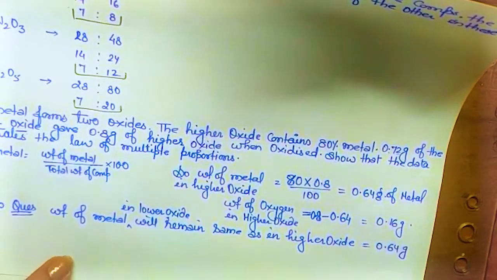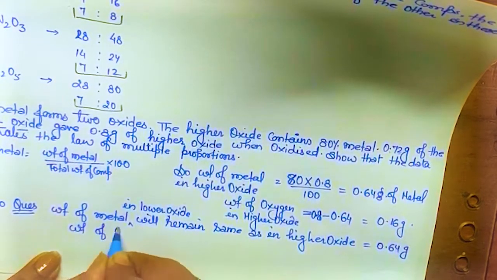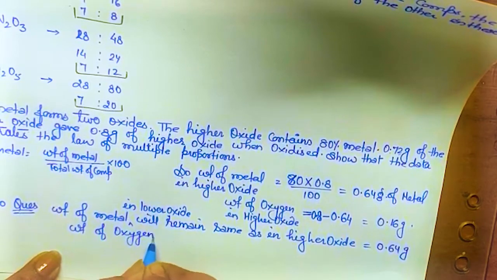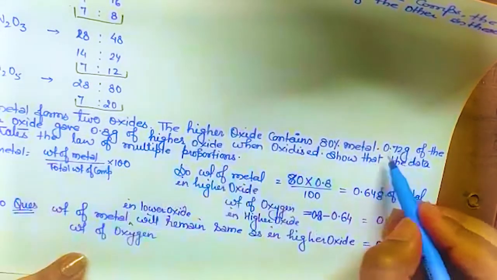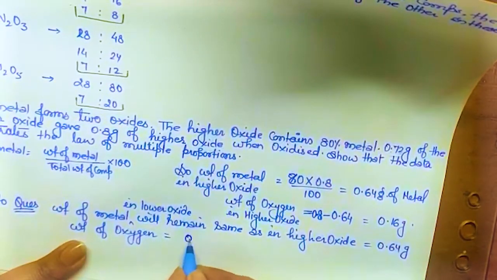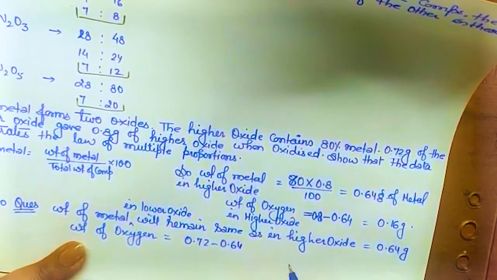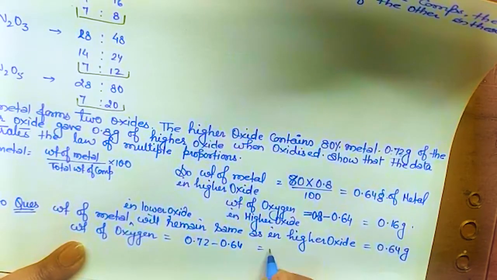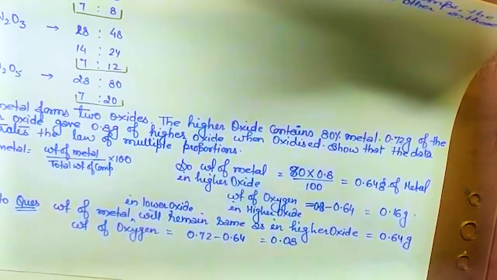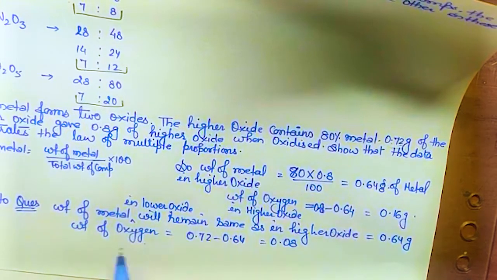So here the weight of oxygen will be, what will it be? Total weight of lower oxide is 0.72, isn't it? So the weight of oxygen will be 0.72 minus 0.64. So this is 0.08, isn't it?